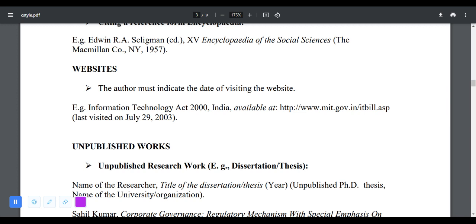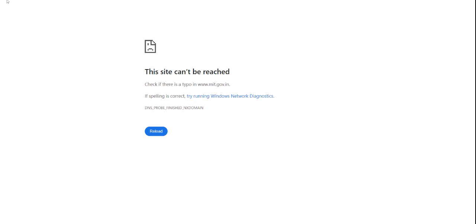So you have to provide a comma, then the place of publication or place of the website, then a comma, then use "available at". That's how you indicate the link, and the link will be provided like this.